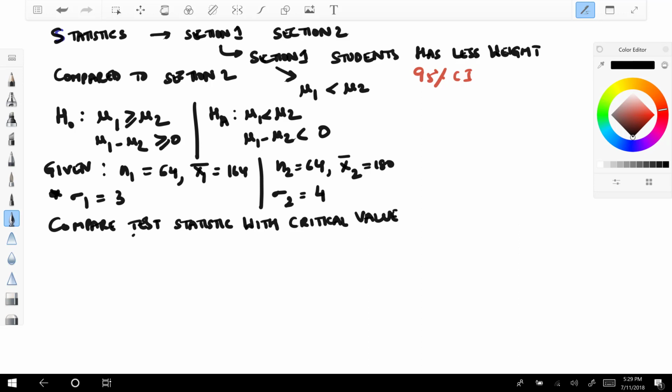So test statistic, again what stat to use? n1 is 64, so n1 is greater than 30, n2 is 64, it's also greater than 30, and sigma 1 and sigma 2 are known, so we will use a z stat.